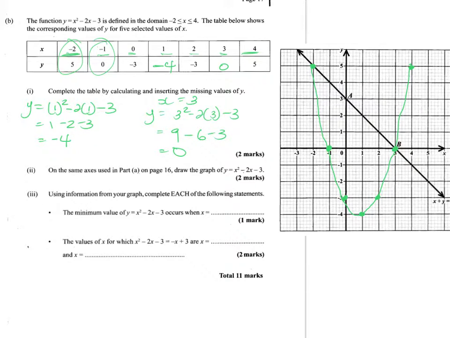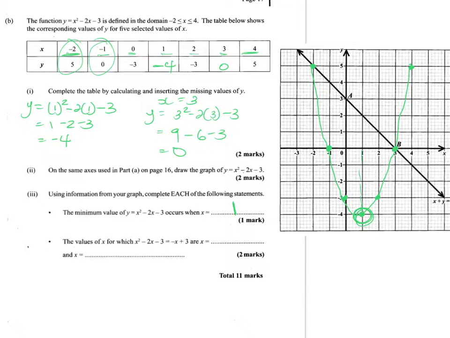Using the information from your graph, complete each of the following statements. The minimum value of the curve occurs when x equals, so the lowest value that this curve comes to is down here, and that minimum value is when x is equal to 1.